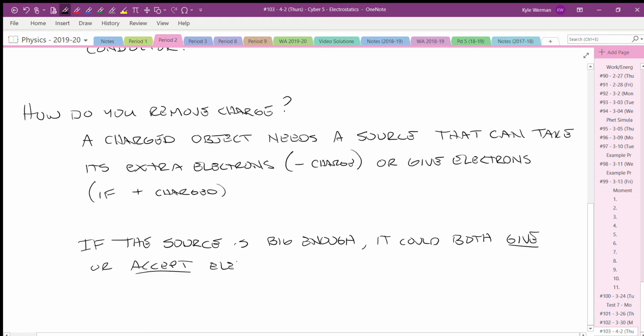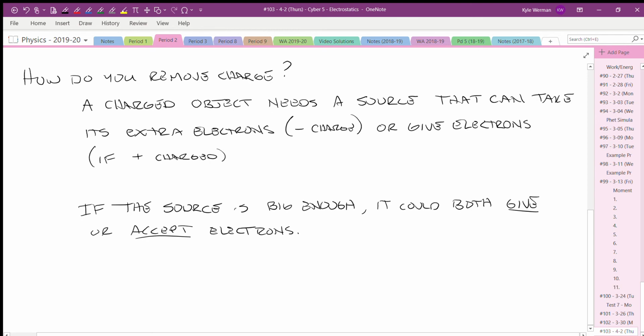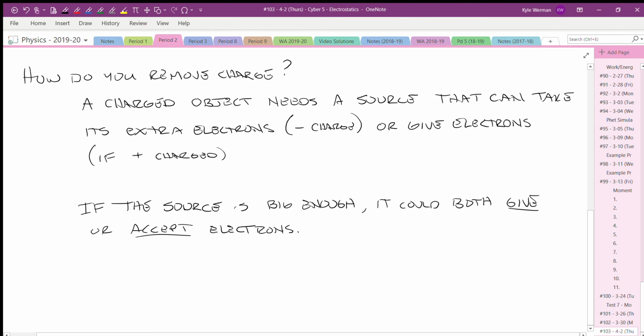And in doing so, it would take the charge away from that object, right? And if you think about it, there's one object that's really big that has almost an infinite number of atoms and electrons, and that large object would be the Earth, right?